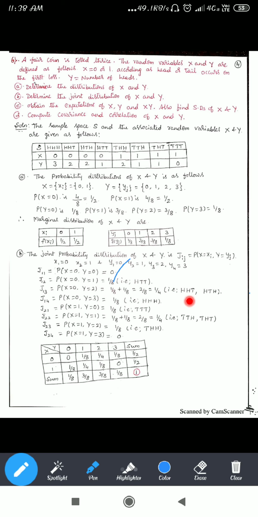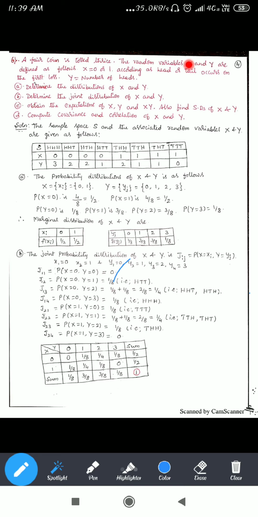This problem is very very important. There is a fair coin tossed thrice, number of trials is 3, and random variables x and y are defined as follows: x is equal to 0 or 1. So dear students, x value should be 0 or 1. There are 50-50 chances, since it is the probability chapter. When x is equal to 0 or 1 means there are 50-50 chances of getting 0 and 1.